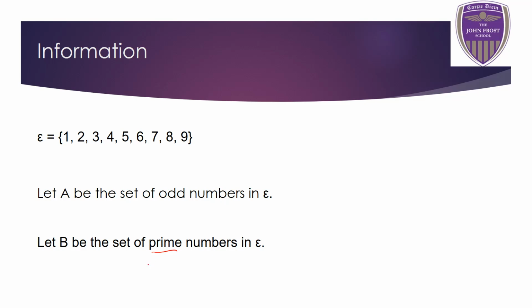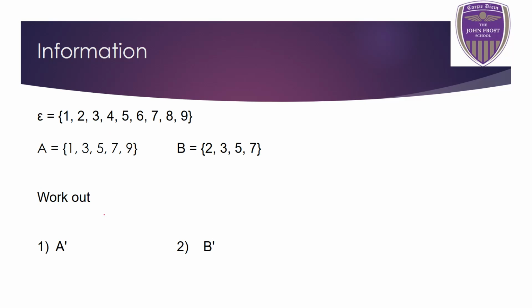A prime number has two factors, the numbers 1 and itself, that go exactly into the number we are looking at. So my subset A is 1, 3, 5, 7, 9, my odd numbers. And B, my prime numbers, are 2, 3, 5, and 7. They're the prime numbers from this universal set.